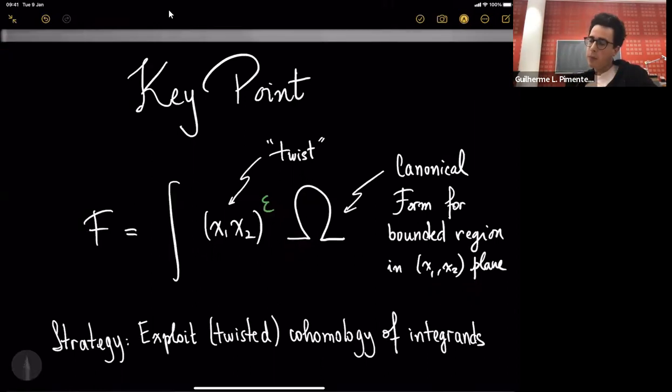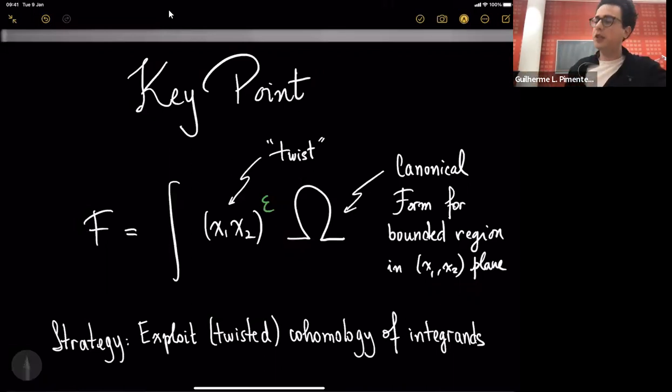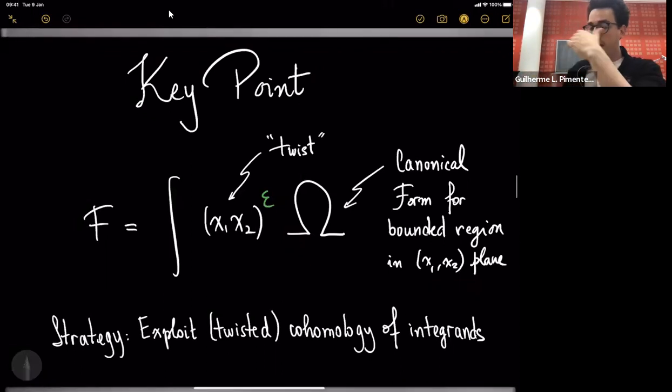Because the 4-point function is written in this form, the strategy is to exploit the cohomology of the integrand. Because these are forms with logarithmic singularities, there is a beautiful theory of cohomology of these forms, and it's related to a whole machinery of amplitudes that I've been learning and enjoying very much, for example from lecture notes of Johannes Rehn, related to these types of integrands.